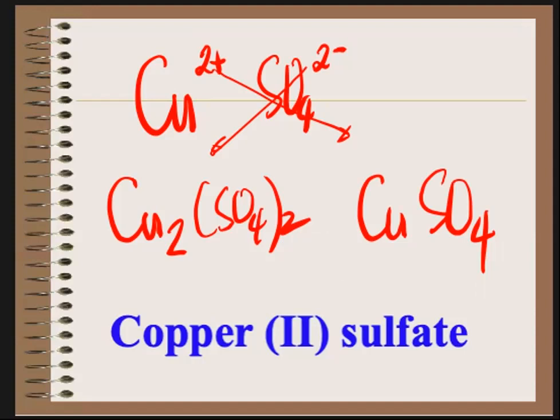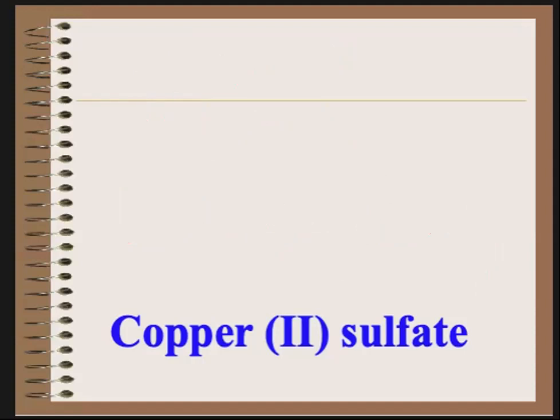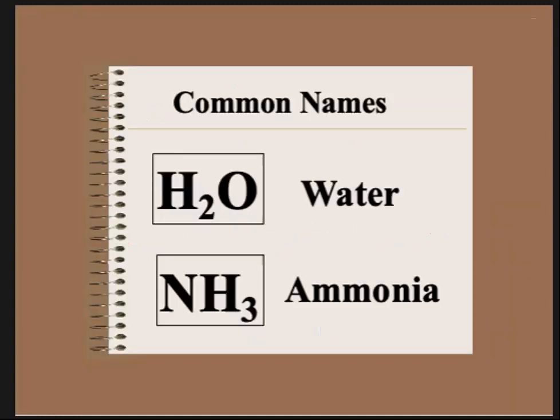Another thing that I want you to remember, there are 2 compounds wherein we use common names. This is acceptable by the International Union of Pure and Applied Chemistry in writing names and formulas.